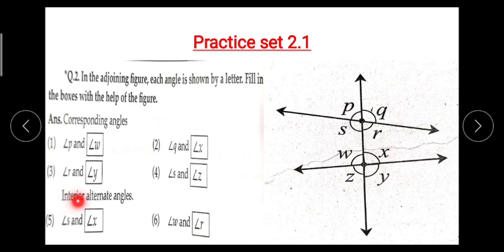We will see interior alternate angles. Okay. So angle S. See here angle S. What is the interior pair?